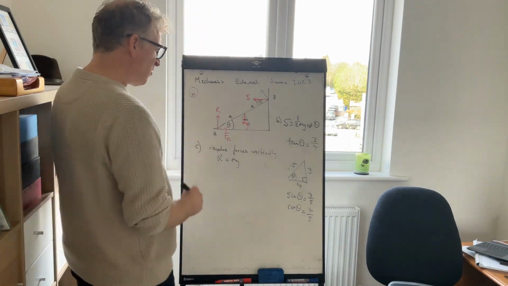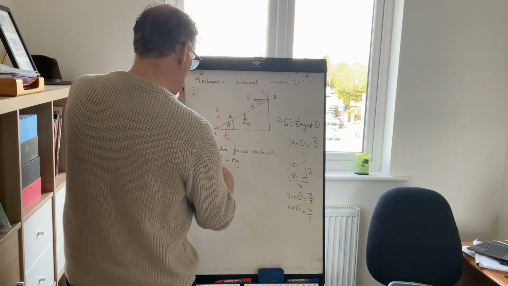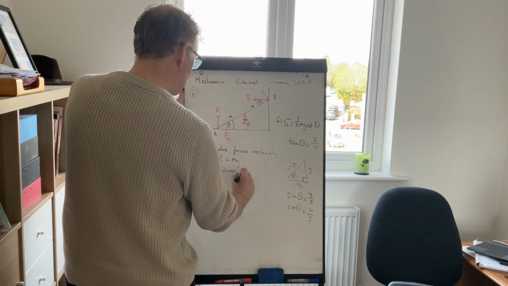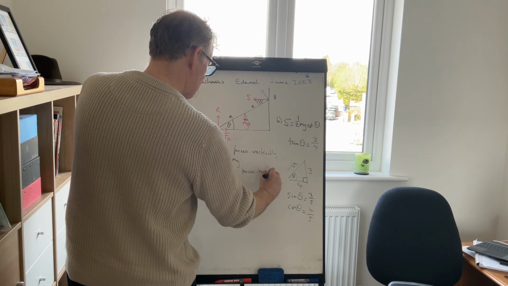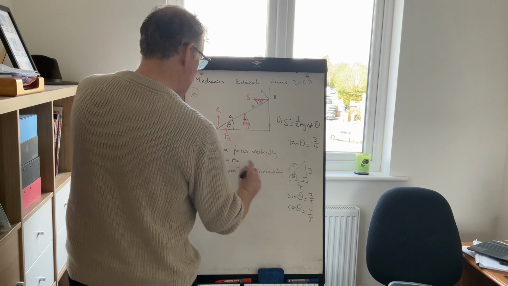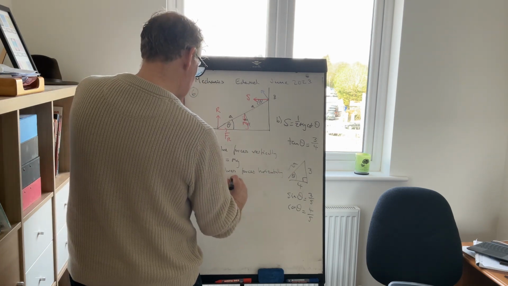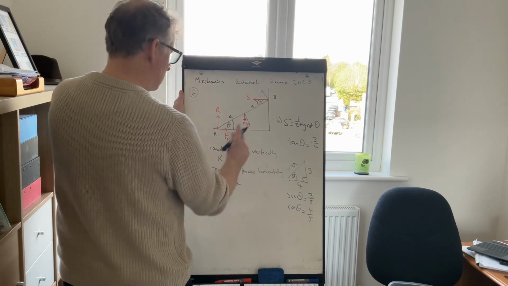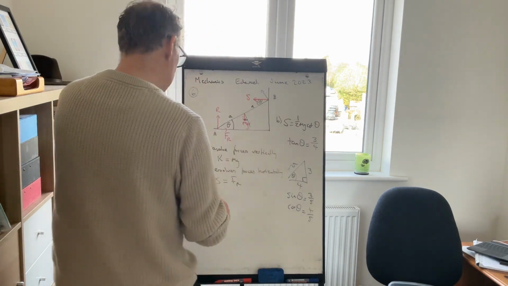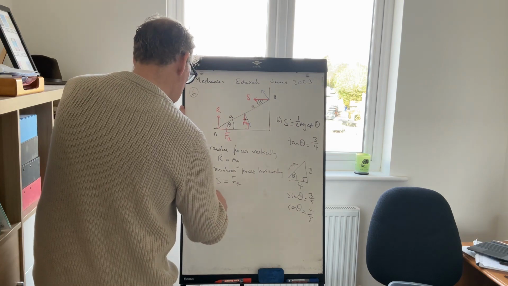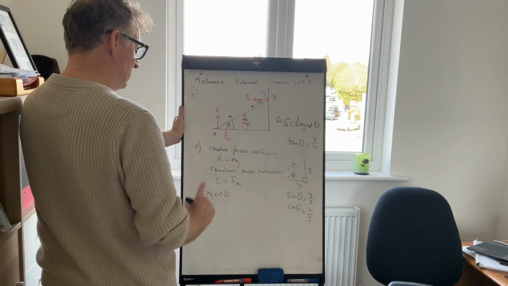Equally, if we resolve forces horizontally, like was mentioned in part A, won't S equal F R? So S will have to equal the friction. We know what S is though, we know it's a half mg cot theta. So that's nice.